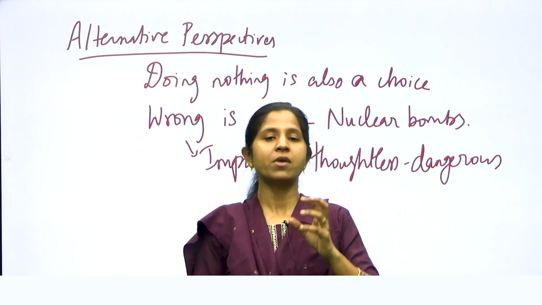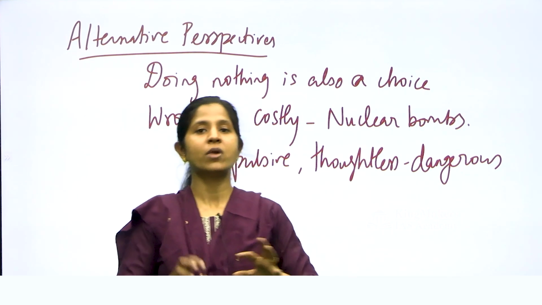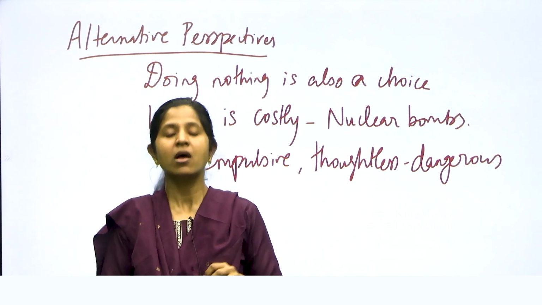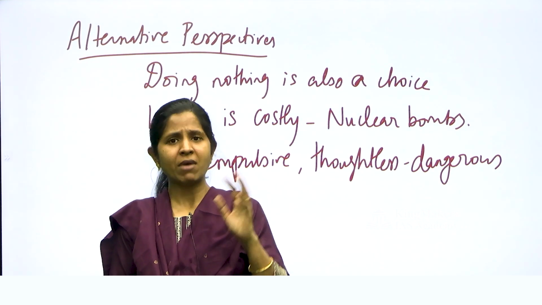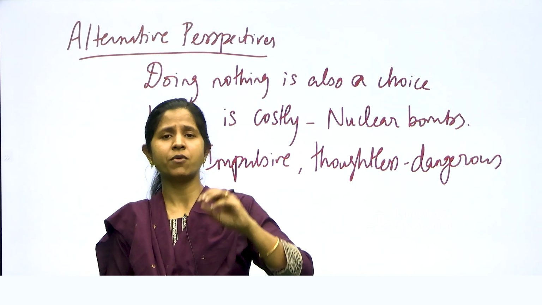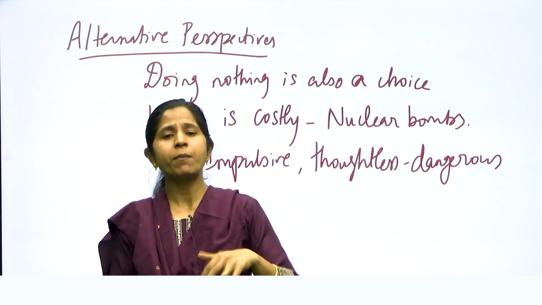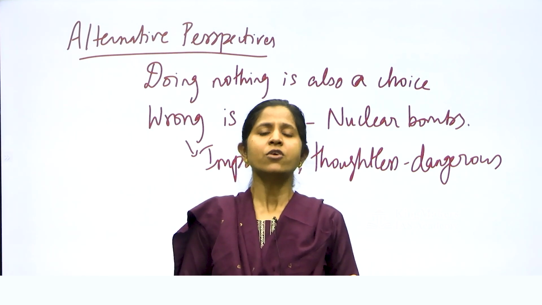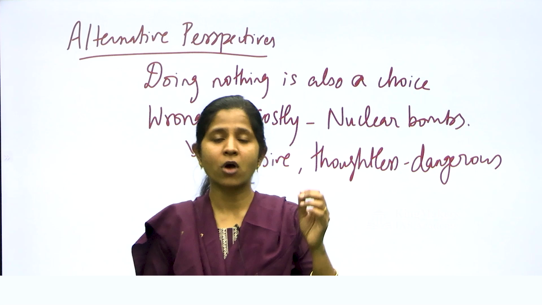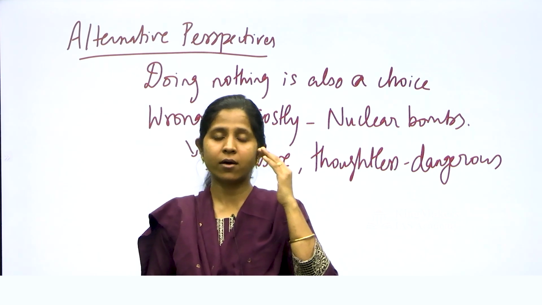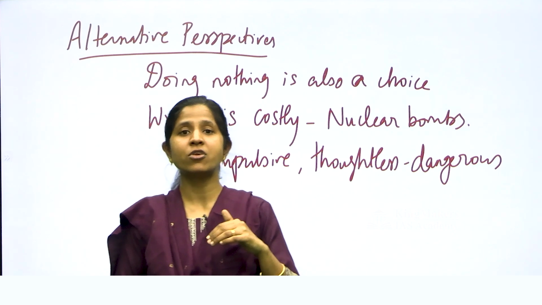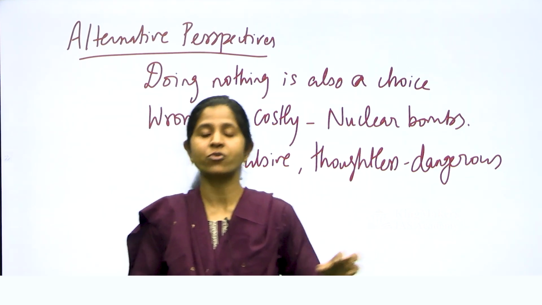Or if we had not interfered in Bhutan or Nepal, it would have been better relations. Even in the Jammu and Kashmir issue, we went to the UN to stop Pakistan from being aggressive. If we had not gone to the UN, it would have been a better solution.